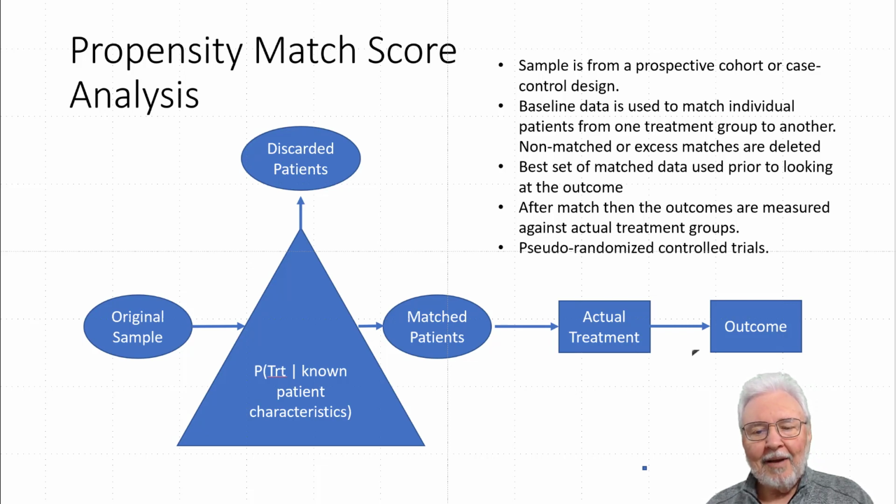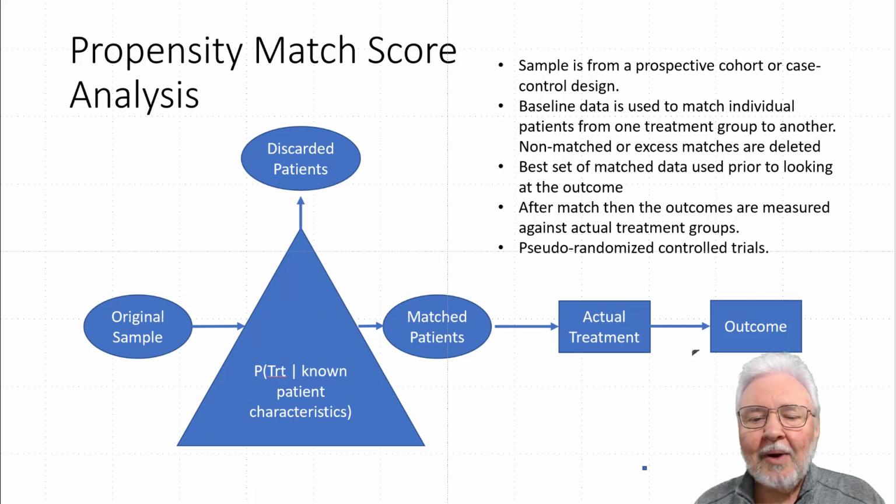Now, by having that matched or balanced sample, I would say we have eliminated the confounding from all those initial baseline variables that we had. If we just did a regression analysis, we wouldn't have a matched pair. And so there would still be a bias in the number of people that had one type of initial condition or another.